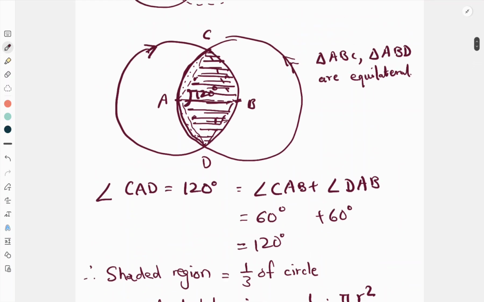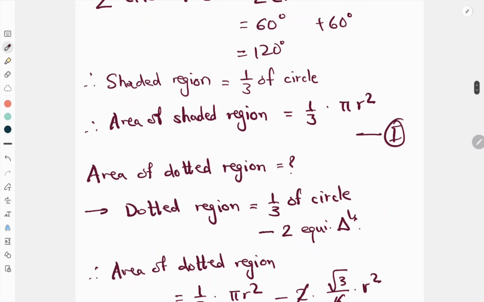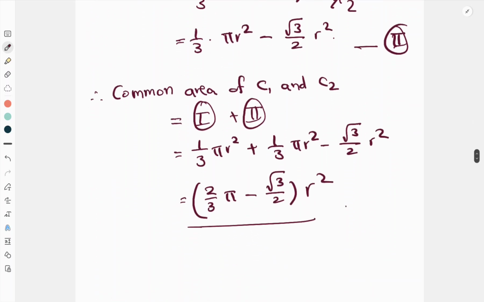That's what we did. We first calculated the area of the sector with center A and arc CBD, which is 1/3 of a circle, pi r square. The second one was again 1/3 of the circle minus 2 times the area of the equilateral triangles. And so finally we got (2/3 pi minus √3 divided by 2) r square.